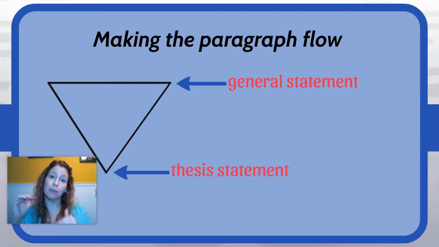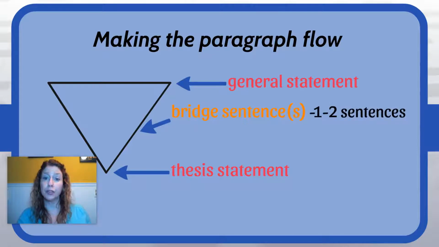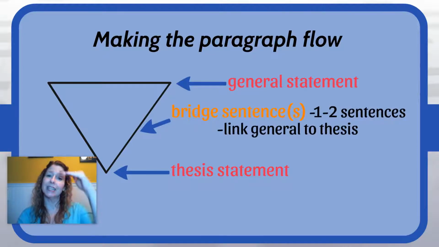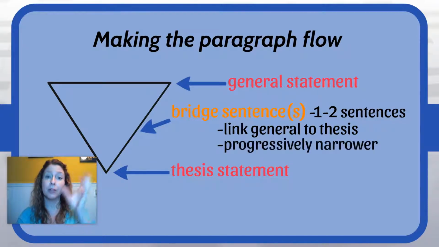In order to make our paragraph flow, we're going to include what I like to call the bridge sentences. And that just means it's one or two sentences that are going to link that general statement to the thesis statement. To make our paragraph flow, we may go from a very general statement, narrowing down to our thesis.